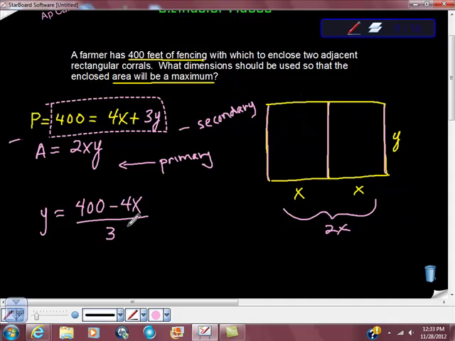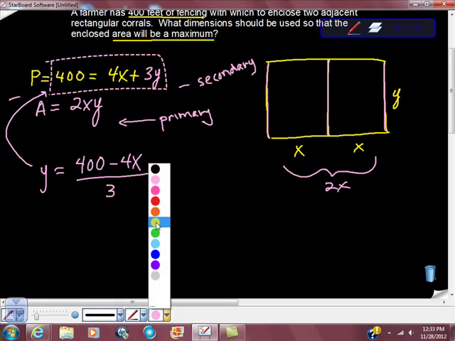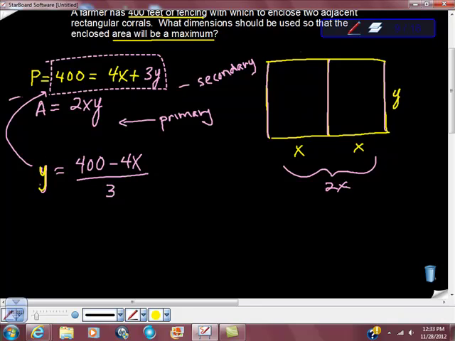Isn't that right? And then I'm going to substitute that back into the primary equation, letting this y be this y.